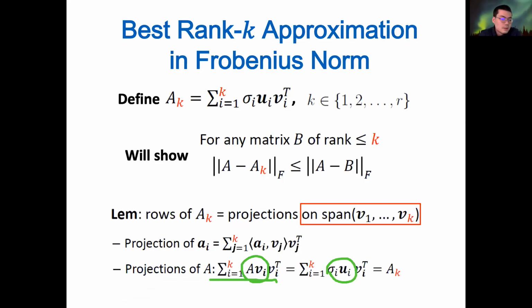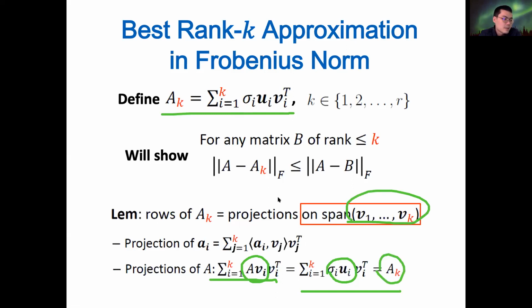So A Vi is equal to sigma i Ui. This follows from the definition of Ui. Then we can write this as this, and this thing is AK. This is how we define it. So basically, we are saying that the projection of the matrix onto these first K dimensions is really just AK.